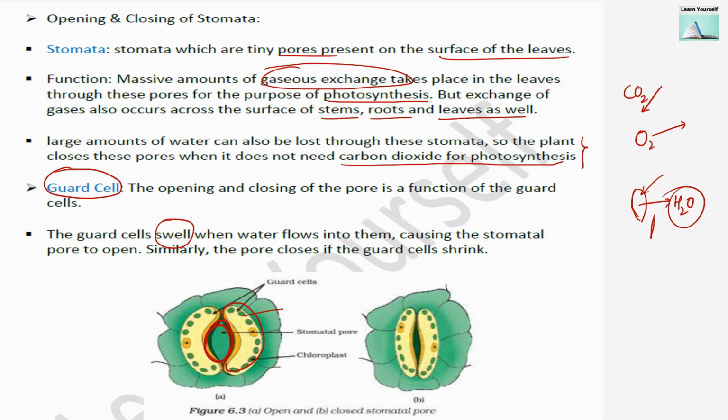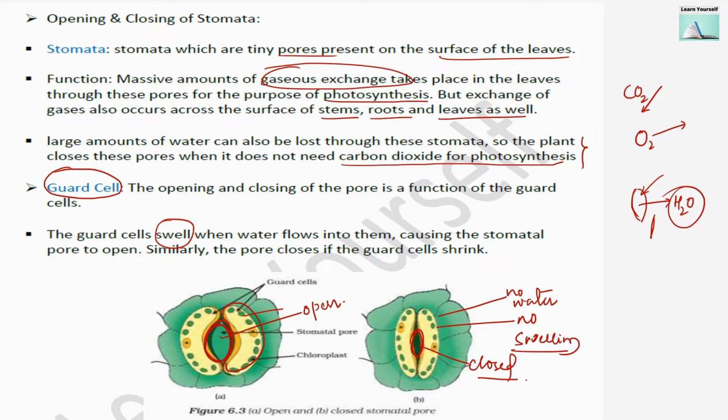Now when the water rushes out, here there is no water and there is no swelling. Here there is no water, no swelling, and so the pore is not open, it is closed. And here the pore is open. So whenever the water rushes in, the guard cell will swell up and the pore will open.